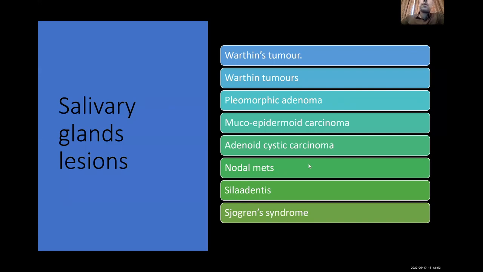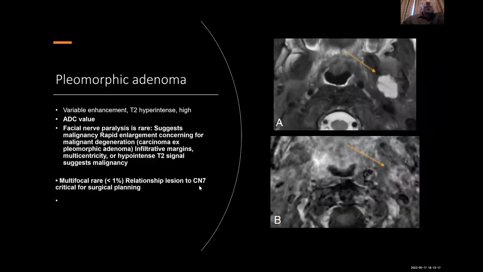First, for the parotid gland, it is Warthin tumor. Oh, sorry, it's pleomorphic adenoma, then Warthin tumor. The malignancies are mucoepidermoid and adenoid cystic; adenoid cystic is more common. And the nodal mets. We spoke previously about the presence of lymphoid tissue, then sialadenitis and Sjogren syndrome.